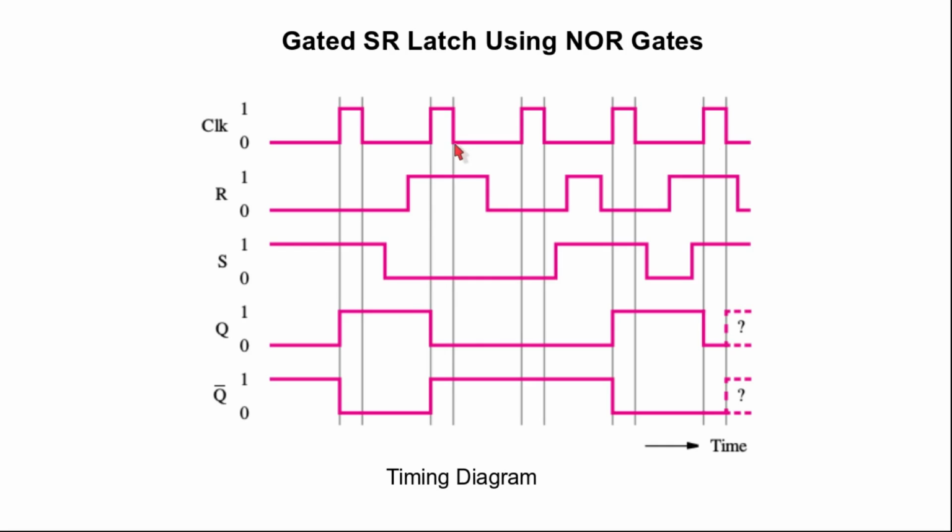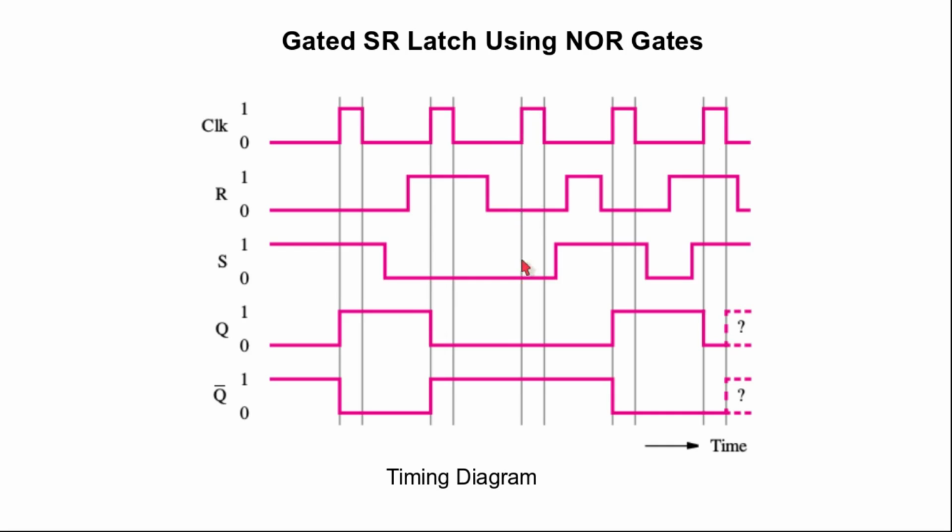Same thing, once that change happens, then clock goes to 0, and when clock is 0 we see some changes in R and S, but that would not affect the Q and Q prime. There will be no change in Q and Q prime during this time when the clock is 0, but then when clock is going high again, at that time R is 0 and S is 0.